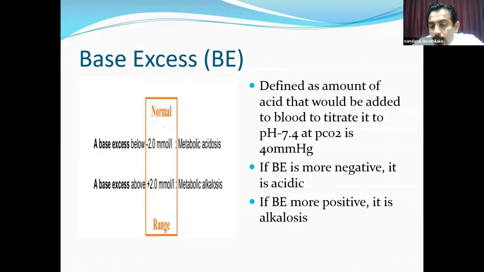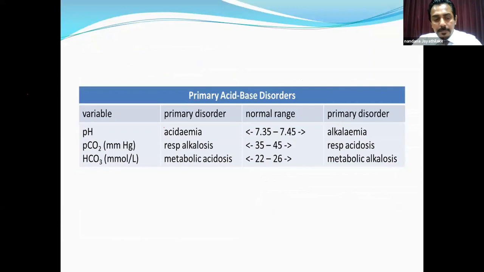So if the base excess is more negative, it is acidic. If it is more positive, it is alkaline. If you can remember that, that is enough, because you are not going to define the patient with the blood gas. So just remember these last two sentences: more negative, it is acidic, and more positive, it is alkalosis. That is enough. I try to make this very simple, and we'll build up from there.